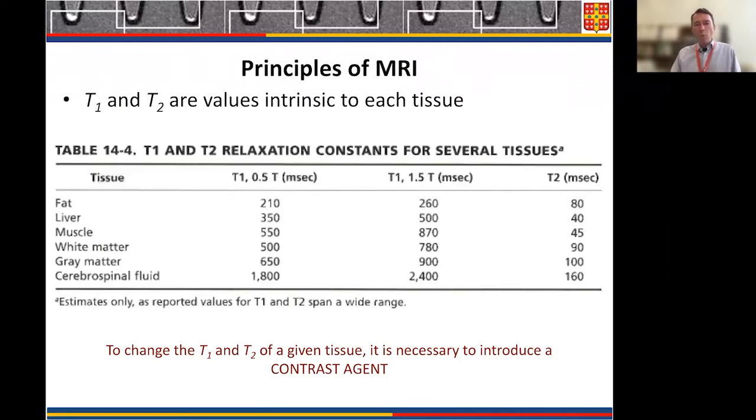So T1 and T2 are intrinsic constants. They are constants intrinsic to the different types of tissue.